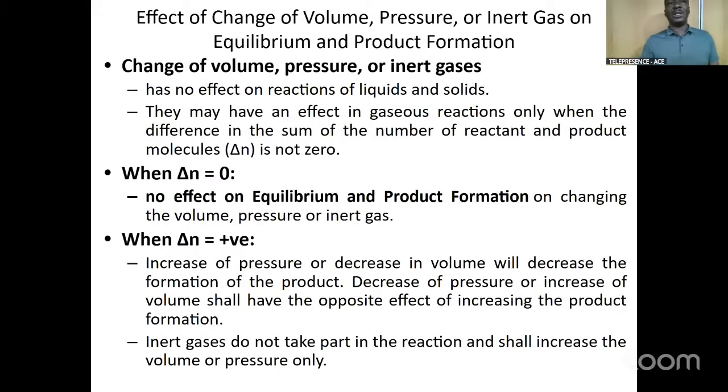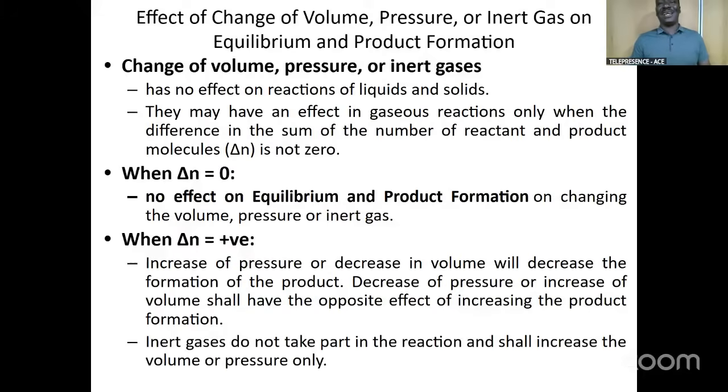For example, the reaction of hydrogen plus iodine, H2 plus I2 to give 2HI, all in the gaseous phase. The product, 2HI, is 2 moles of hydrogen iodide in the gaseous state. And on the reactant side, we have 1 mole of hydrogen and 1 mole of iodine, making the total number of moles 2 also on the reactant side.